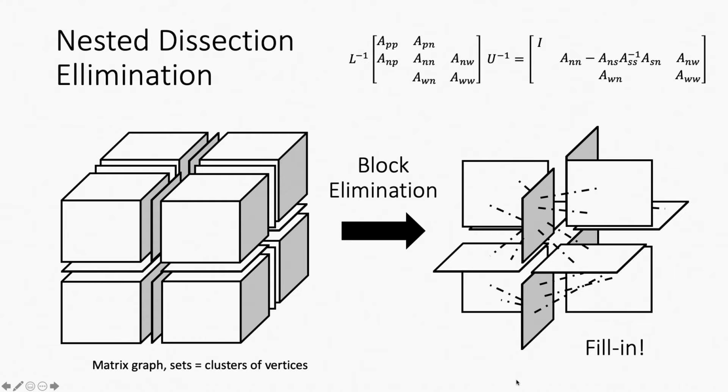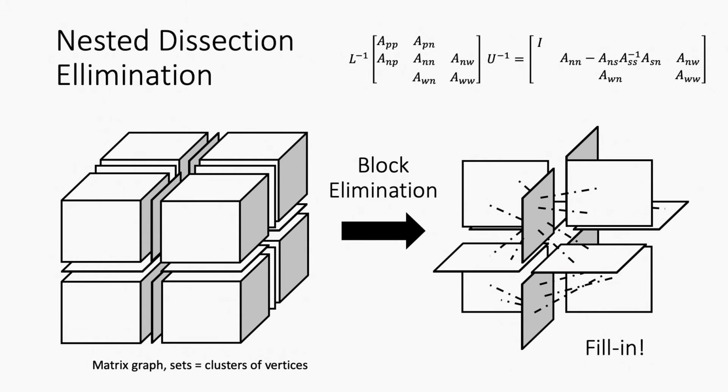The first step in every nested dissection is you eliminate interiors. If you eliminate those 8 big interiors, you go from the left to the right. On the right, you are left with separators, of course. But now there's a lot of fill-in. Between this one and this one, there used to be not that many connections, but now there's a lot of fill-in. And this fill-in is the reason why it's slow.